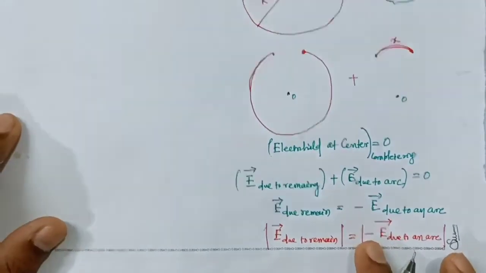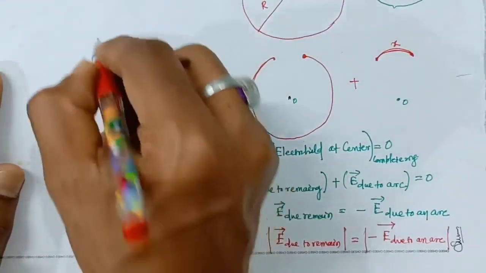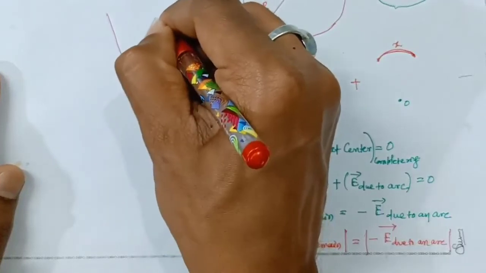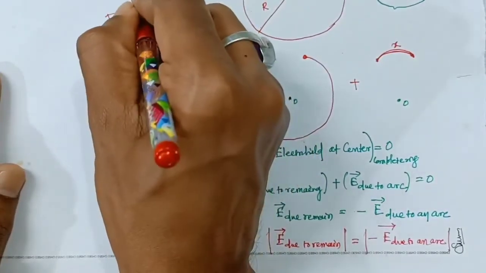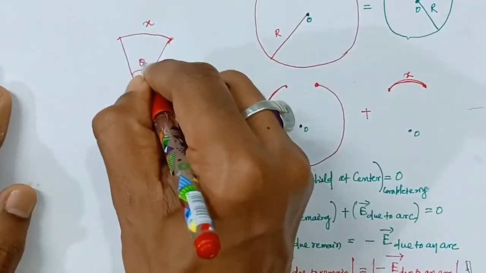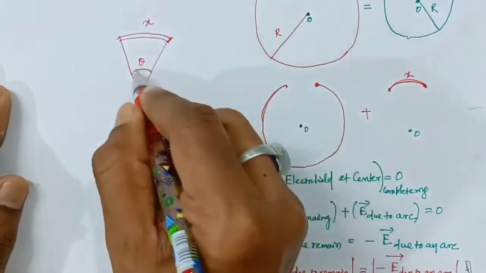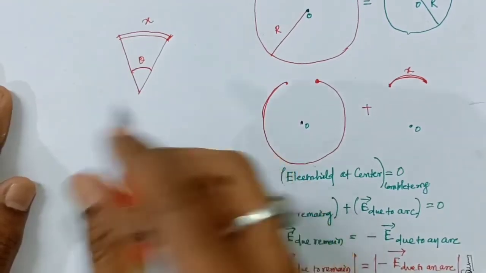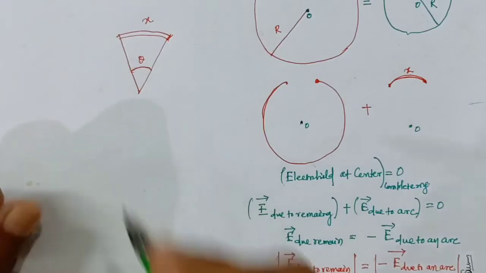And I know from my previous lectures, what is the expression of electric field due to an arc? The arc having length x subtends an angle theta. In our previous lectures, this has already been derived.